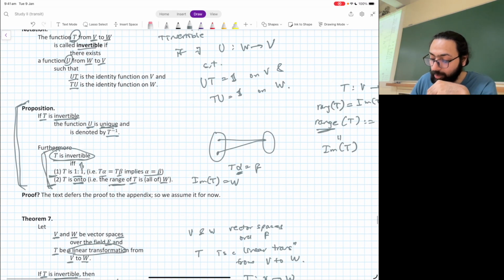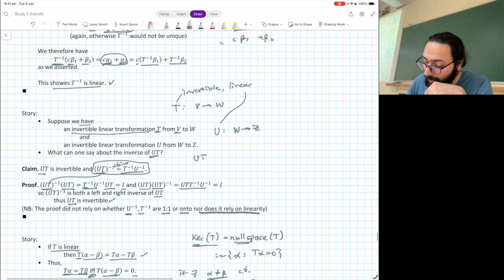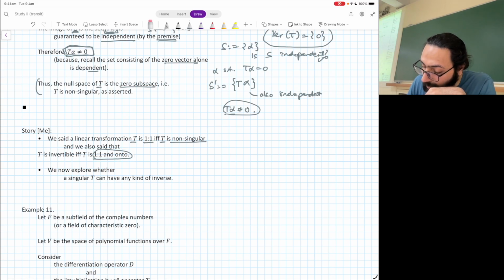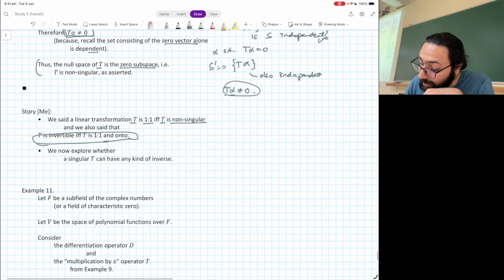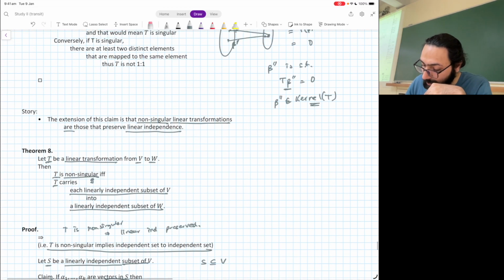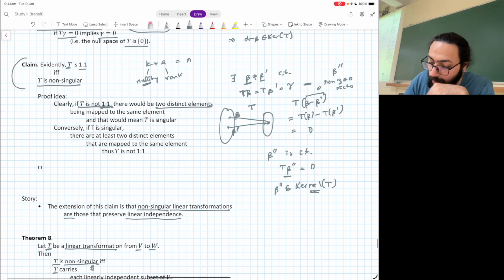T is invertible if and only if it is 1-to-1 and onto. That was one property. And the one above was that T is 1-to-1 if and only if T is non-singular. Those are the two properties I'm talking about.